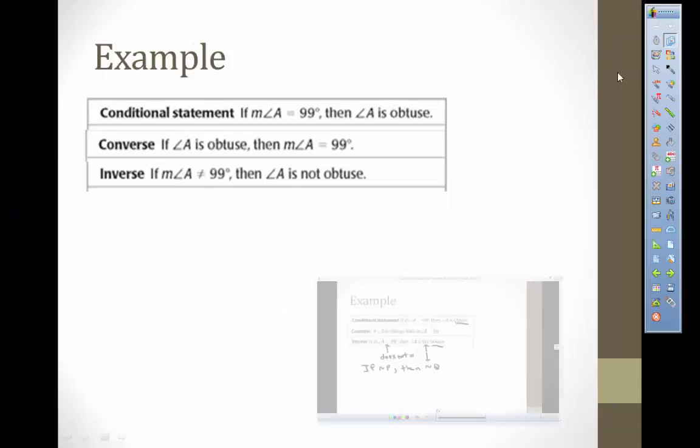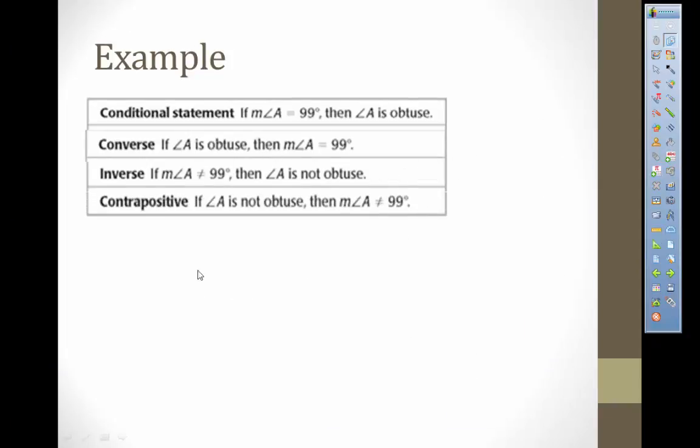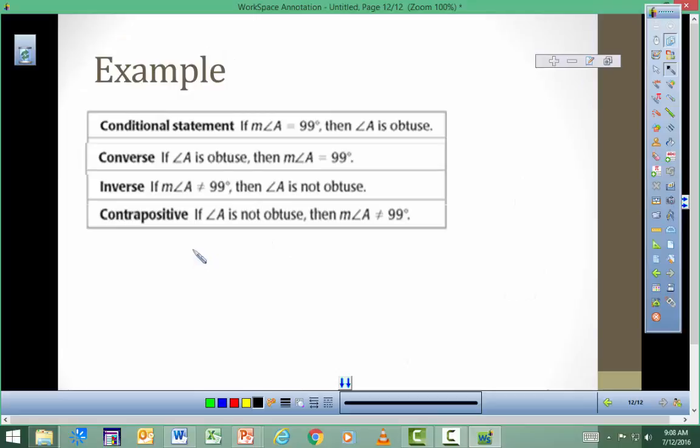Alright, so we have the converse, the inverse, and now let's look at the contrapositive. Now, the contrapositive is just like the converse. However, both parts are negated. So, from a logical standpoint, we write it this way.